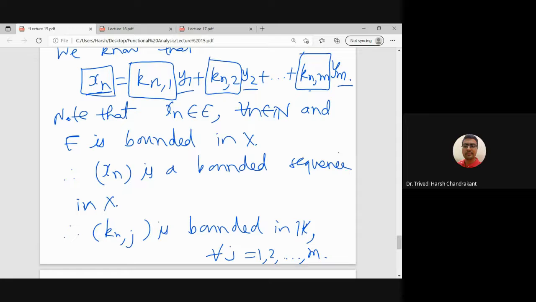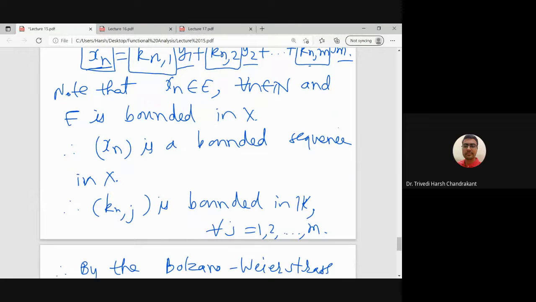And since xn is bounded, each of these sequences is bounded for every j. This is one result we have discussed: if xn is a bounded sequence in a finite dimensional vector space, then each coordinate sequence is bounded.